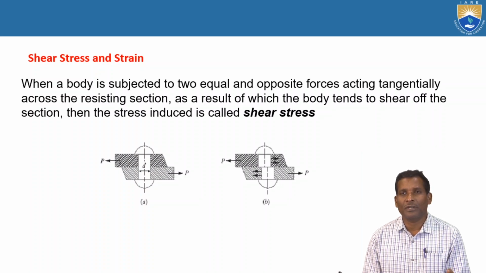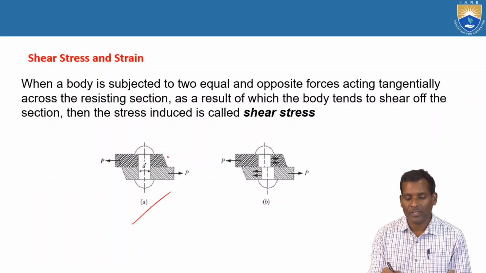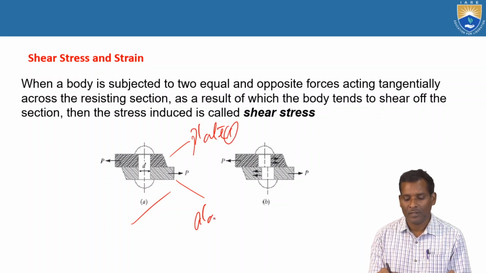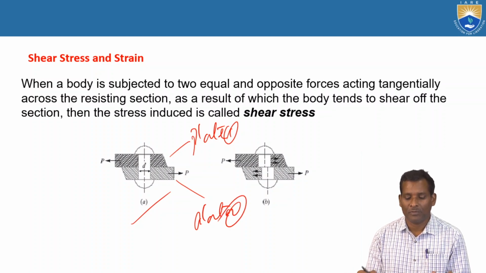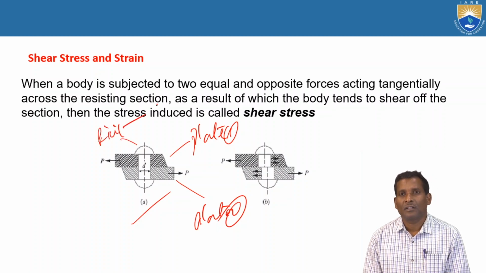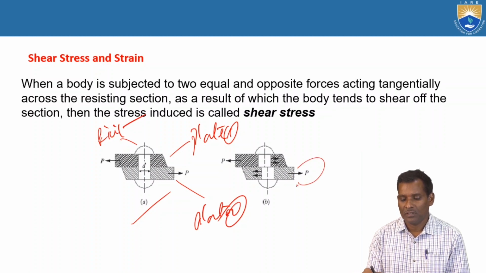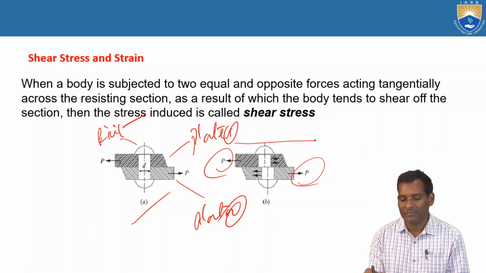Here a riveted joint example is shown. In the single riveted joint, there is one plate and another plate, plate 1 and plate 2. These two plates are joined with a rivet. These two plates are separated by a force, which is called shear force: two equal and opposite forces acting tangentially.